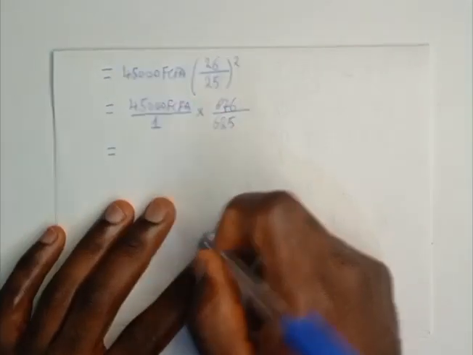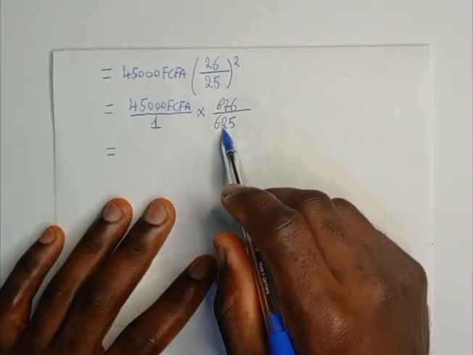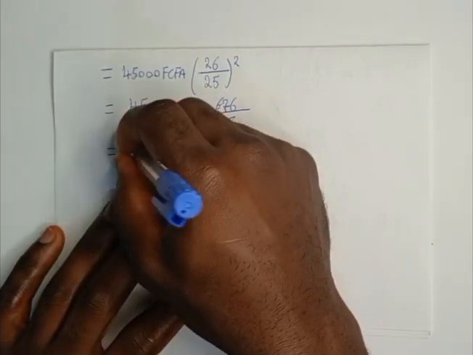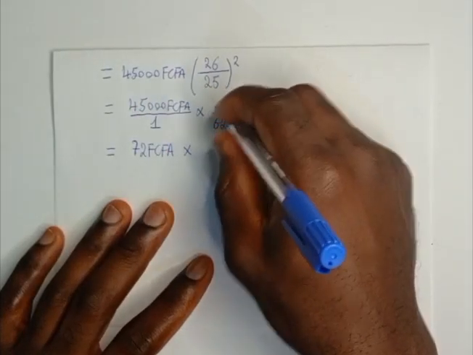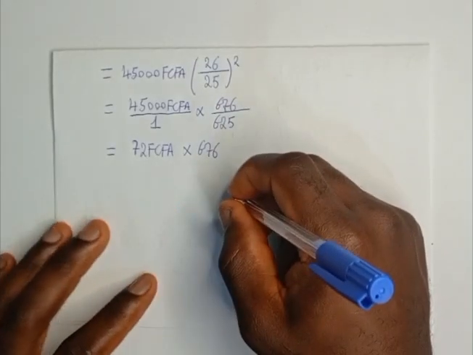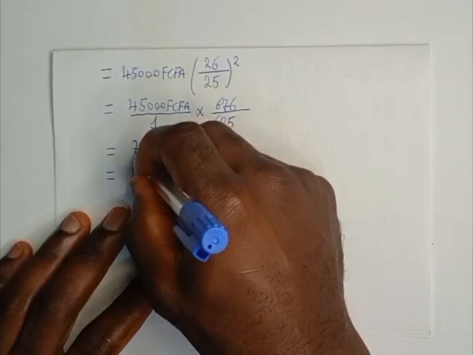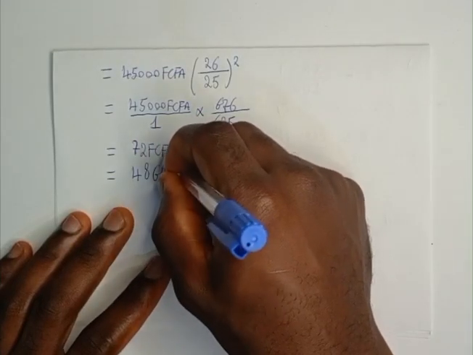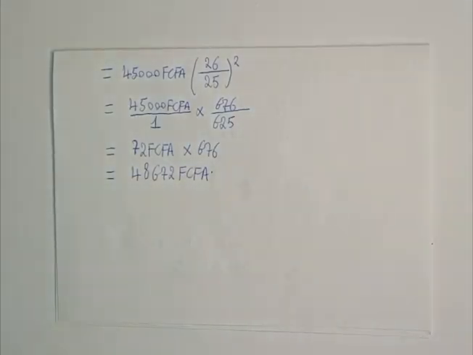This will be equal to 45,000 francs CFA divided by 625 gives us 72 francs CFA. We multiply 72 francs CFA by 676, and this will give us an amount of 48,672 francs CFA.